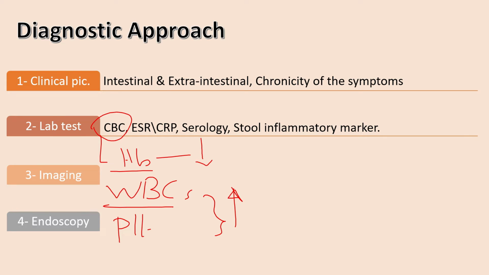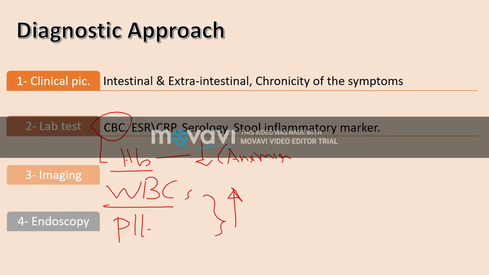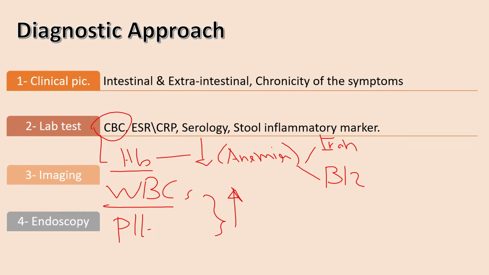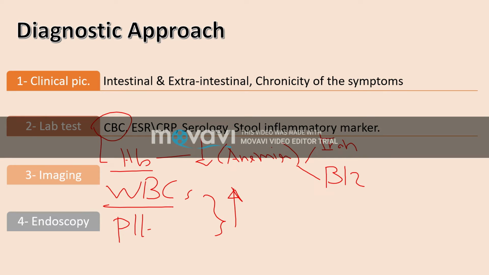Hemoglobin is expected to be low, anemia, and can be due to different possibilities, either iron deficiency or B12 deficiency. Iron deficiency may be a result of malabsorption or chronic blood loss associated with IBD as lower GI bleeding. B12 deficiency is usually secondary to the malabsorption, and especially in Crohn's patients.